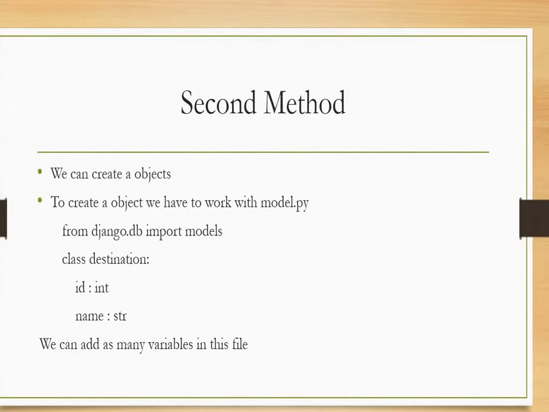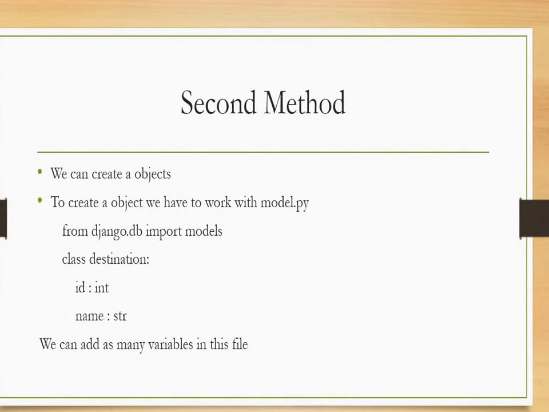We can create objects. Already we have learned about objects in the Python classes, right? So we are going to use objects over here. To create objects, we have to work with models.py. We'll get a file with the name models.py. In that I would need to make some changes. I have to import models. So I am creating a class with the name Destination.